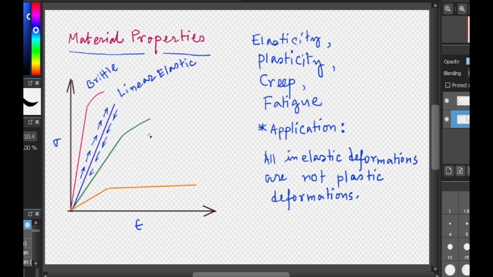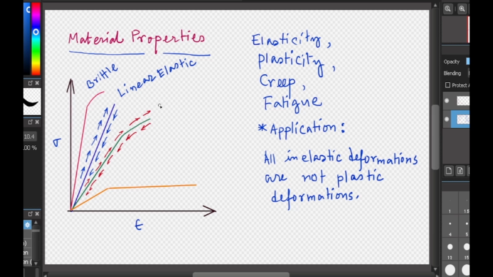Then the green one, the third one: when the loading is applied, strain is produced and the path is shown here, and when the external load is removed, it will again follow the same path. The only criterion is that it must stay within the elastic limit.